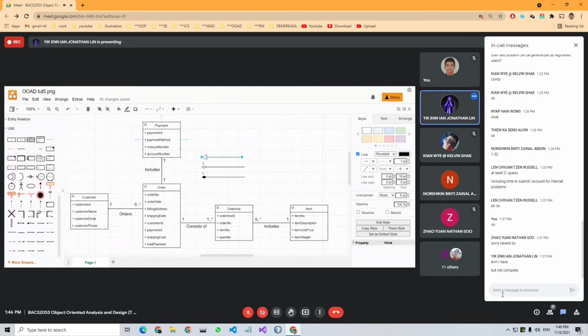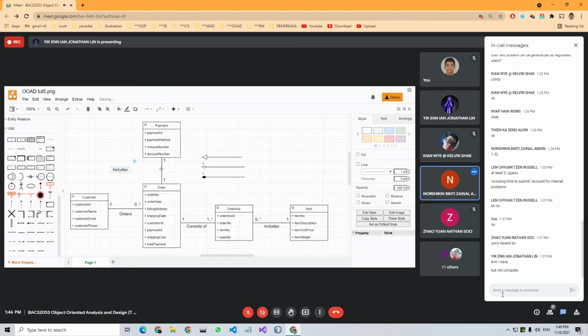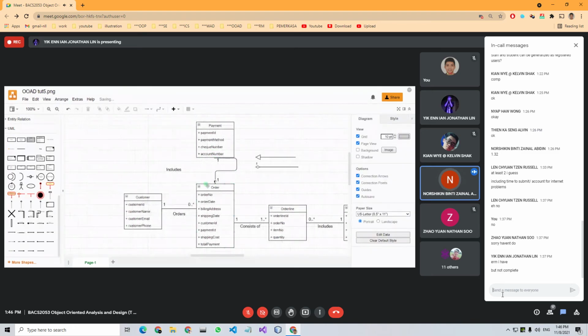I believe it is composition, because you cannot make payment if you don't have your order. You have nothing to pay. So this is a composition.